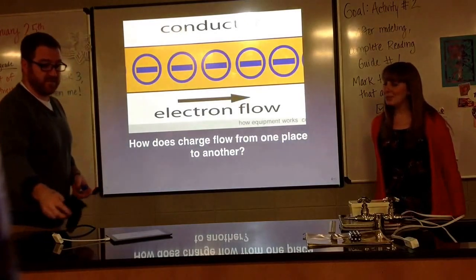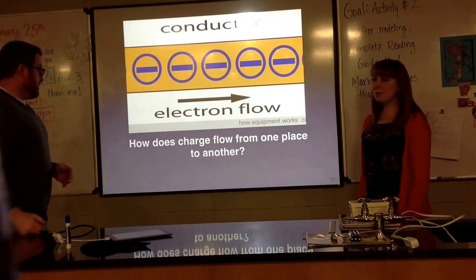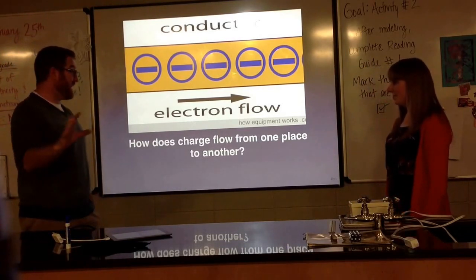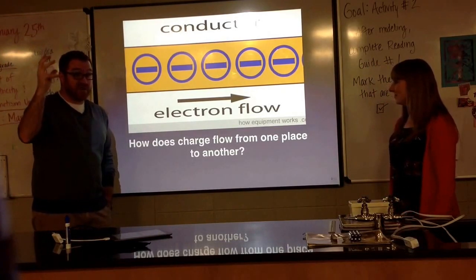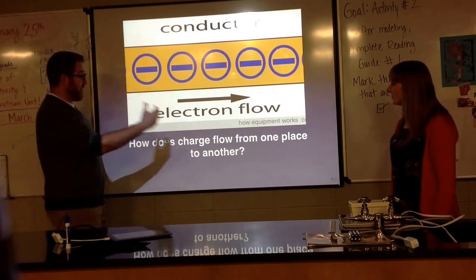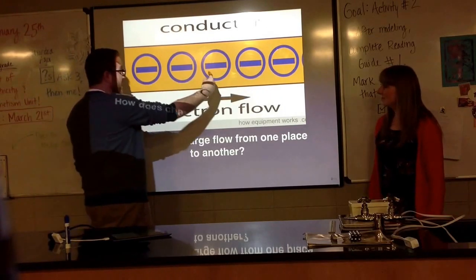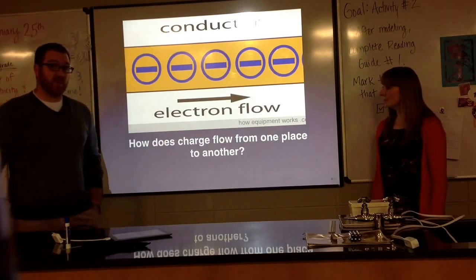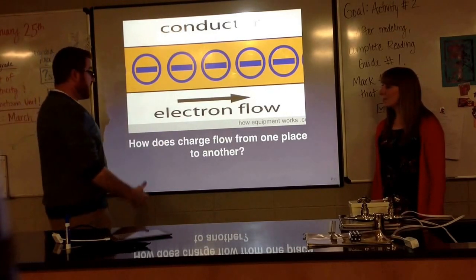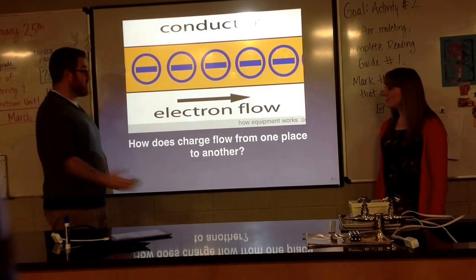Another question: how does charge flow from one place to another? Again, we're harnessing that hatred of one electron for another. If we are able to get these things to move in that straight line, just like we did before, within a wire or within a circuit, we can then use it to our advantage.